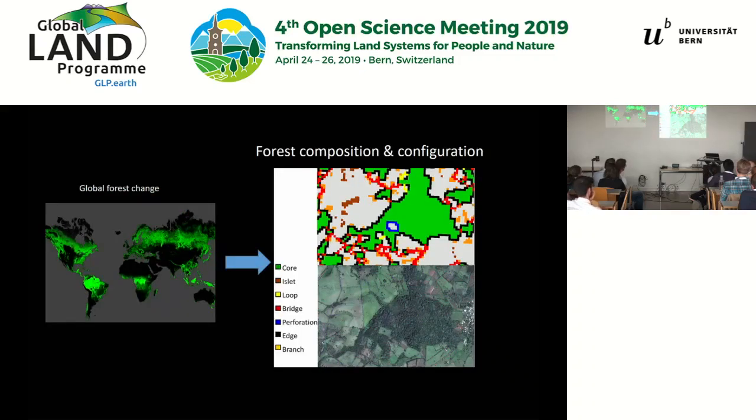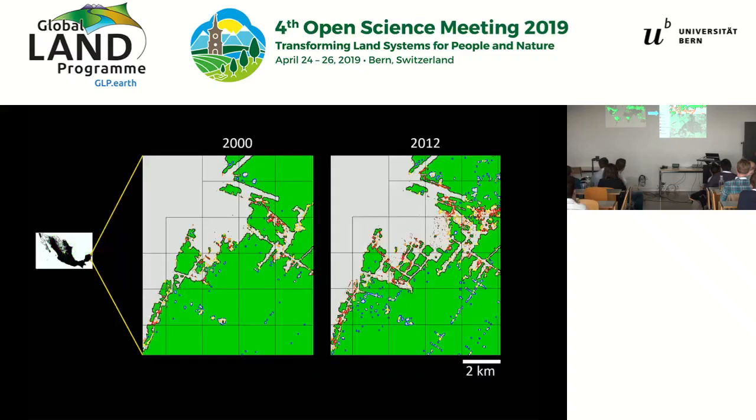What we did was use this forest cover product and translate it into forest composition and forest configuration categories, so we can extract more information out of that forest, instead of just measuring how much deforestation. We have patterns of forest ages, forest interior, forest perforation, that can give us more ecological meaning for the effects of the program.